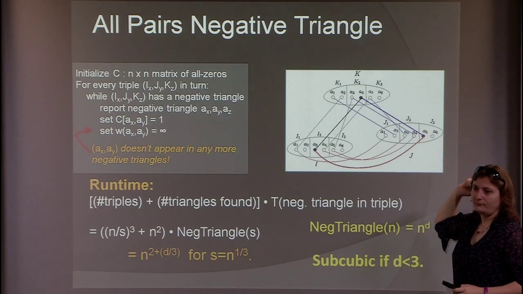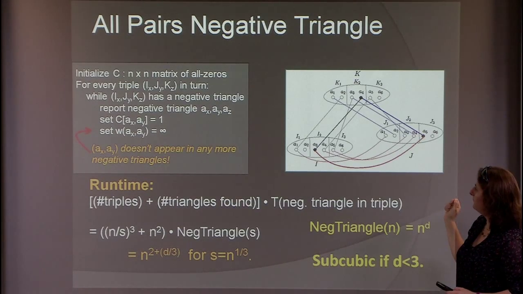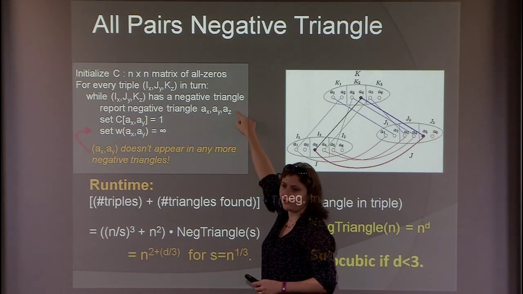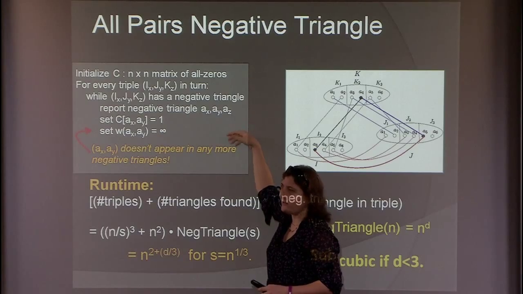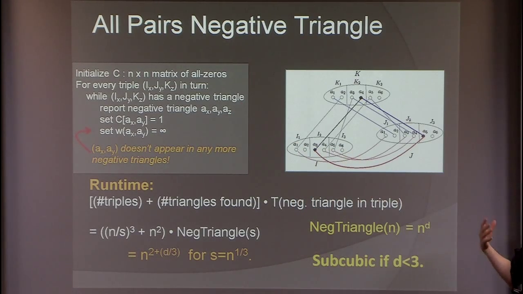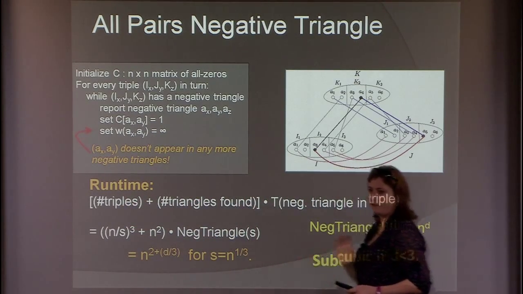But your oracle is only giving you that one edge, right? Maybe there is another edge in that triple. Oh, it could be. That's why I keep doing it. While there's a negative triangle, I check it again. Is there one? I do it again until I've exhausted all the negative triangles in the triple. So yes, you don't only find a single negative triangle in the triple, you just keep doing it. And this is why we had to split the runtime into this.